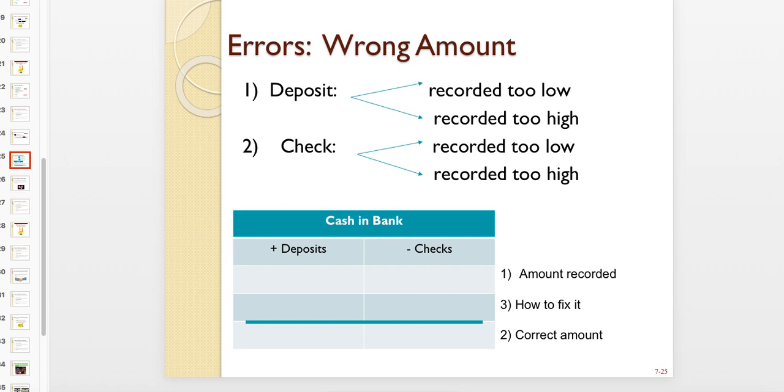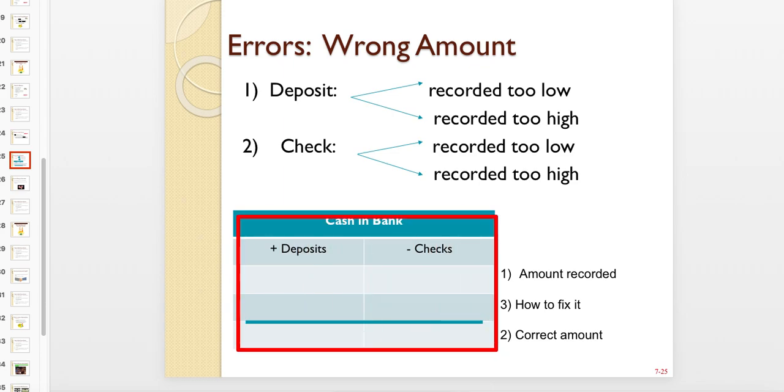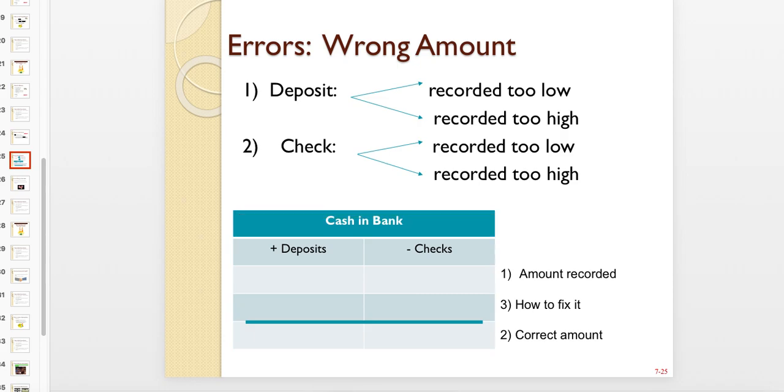So if I know that a deposit was an error, I'm going to use my cash ledger to help me figure out how I need to correct the error. Okay. Now what I know about deposits is that deposits cause increases in the cash balance. So I'm going to put that deposit where deposits would go. They're going to go on the left side or the debit side.